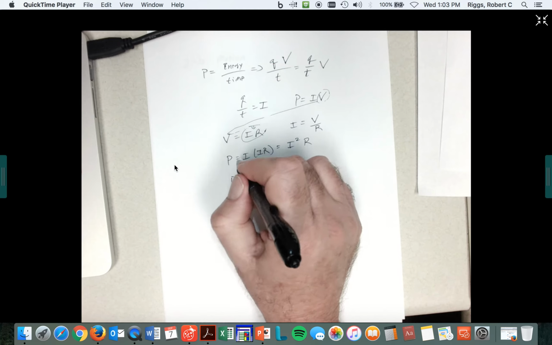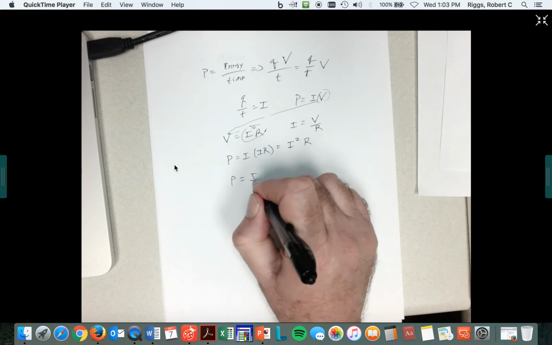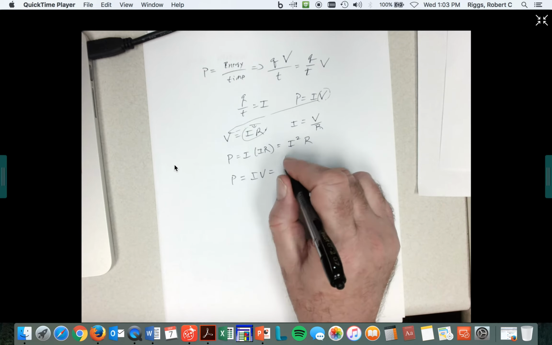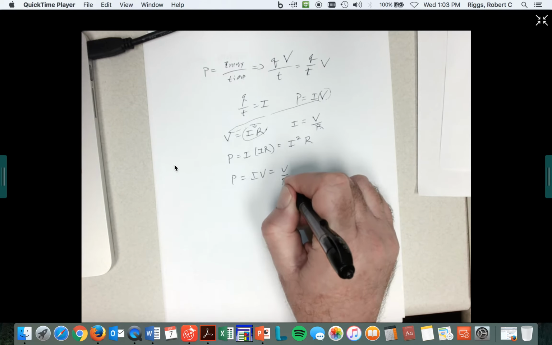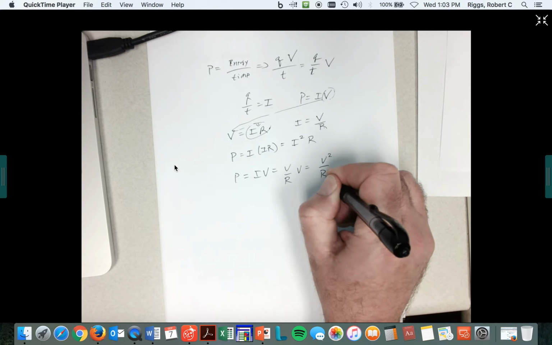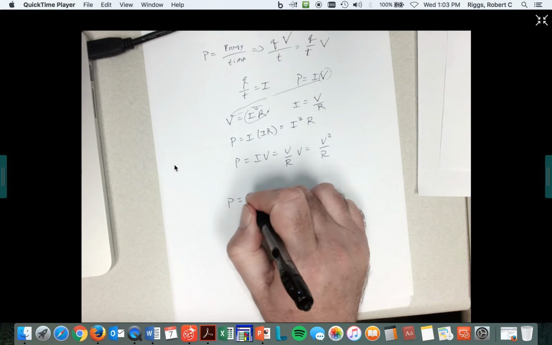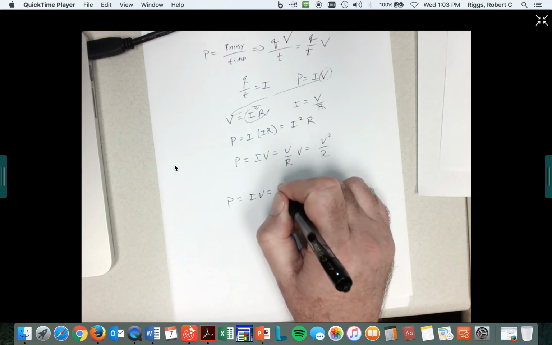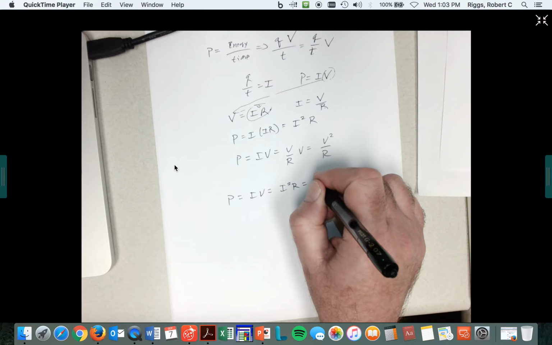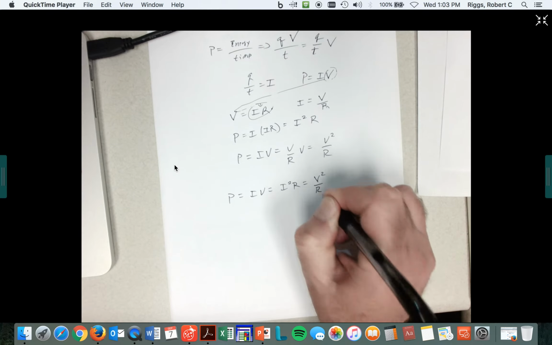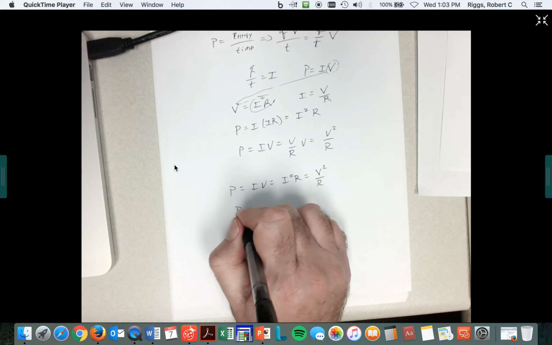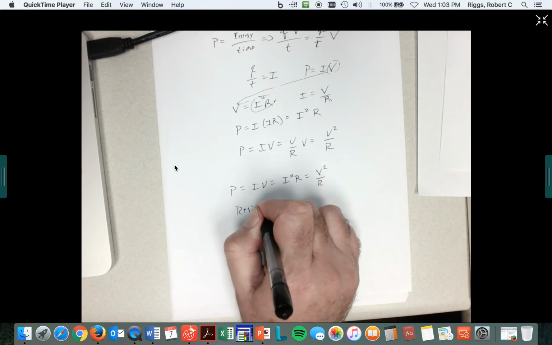If power is equal to IV, but I is V over R, I can go, okay, well, V over R times V, and so that gives me V squared over R. So my three power equations are IV, I squared R, and V squared over R. Now, what normally doesn't change in power problems is resistance; it remains constant for the most part.